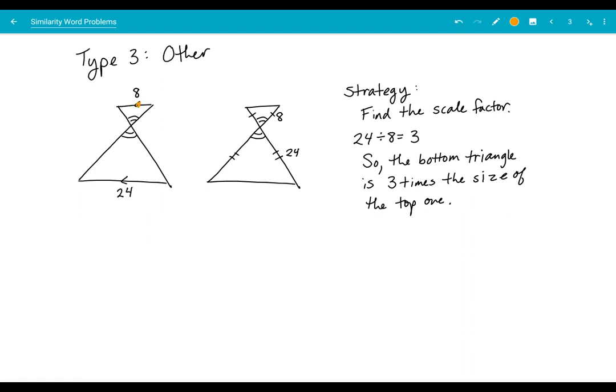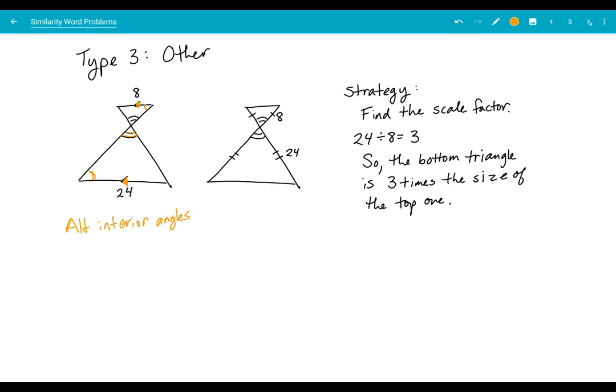And if they're parallel, well, then this angle and this angle are alternate interior angles, and alternate interior angles are congruent, which means you have at least two angles with the vertical angle here in the middle, and that means that these are proportional triangles.